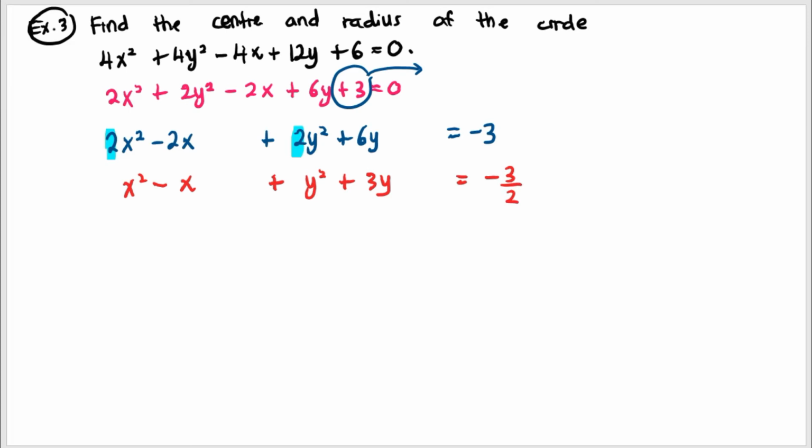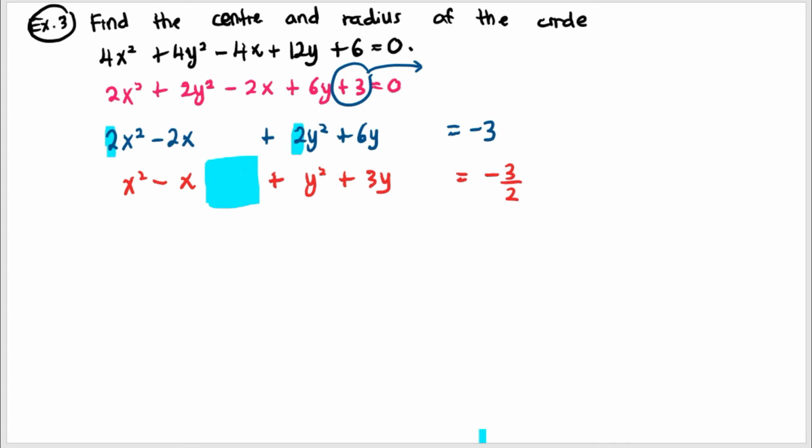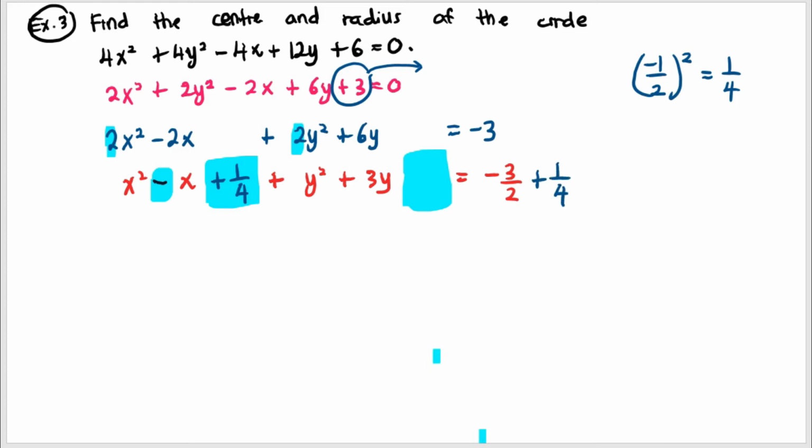Now you have to add a constant here. Same as before, what are the numbers that we need to fill up? You have to consider this: the coefficient is negative 1, so negative 1 divided by 2, and then you square it. You get 1 over 4, meaning you have to add 1 over 4 on the left side, therefore you have to add 1 over 4 on the right side.